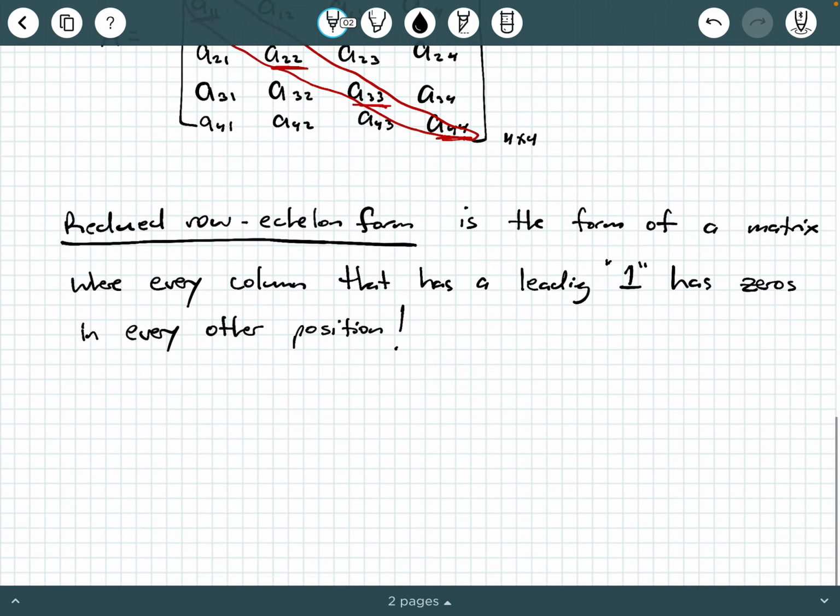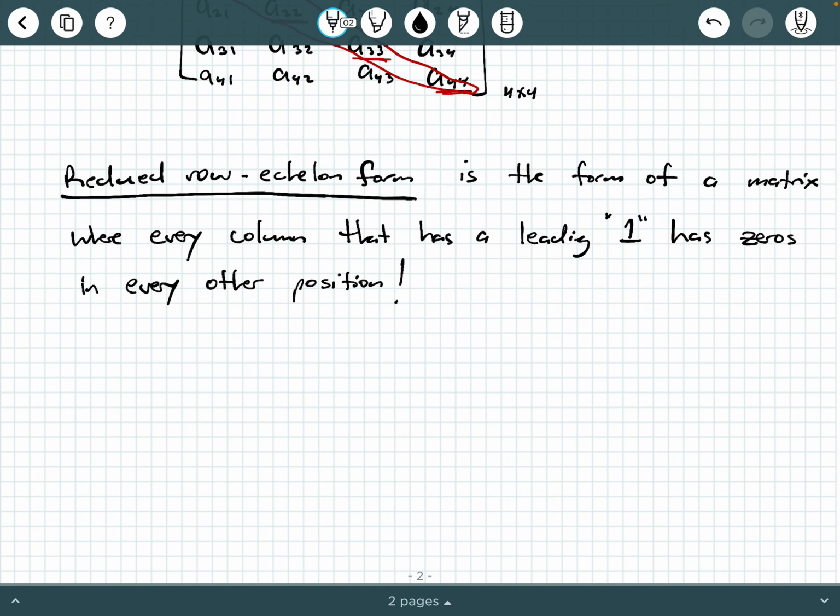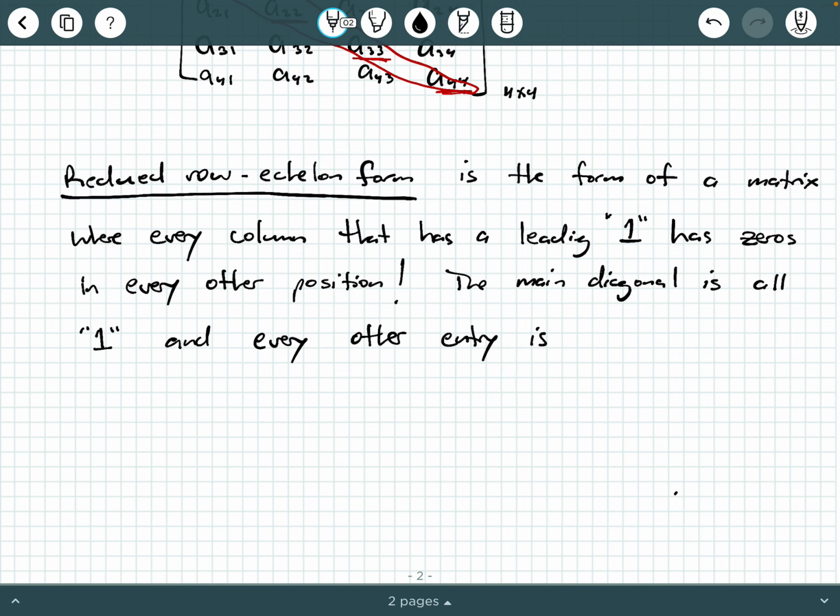Okay, so basically reduced row echelon form is a subset of row echelon form. Reduced row echelon form basically says that the main diagonal is all ones and every other entry is 0.